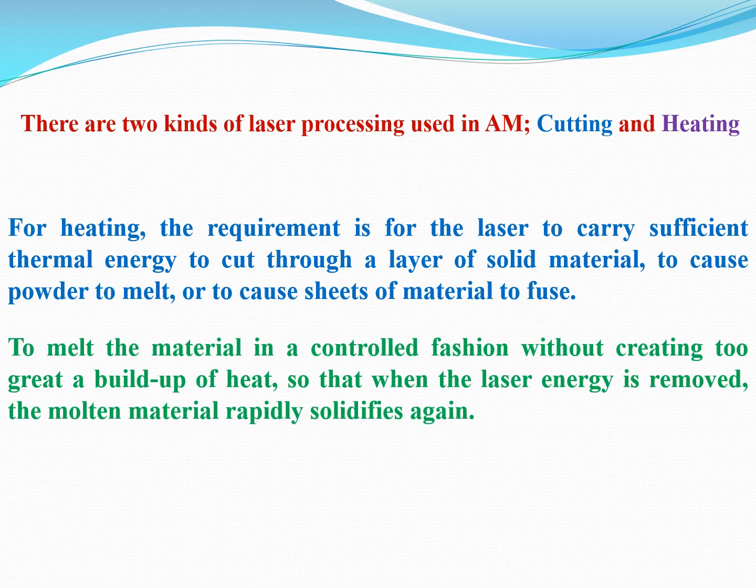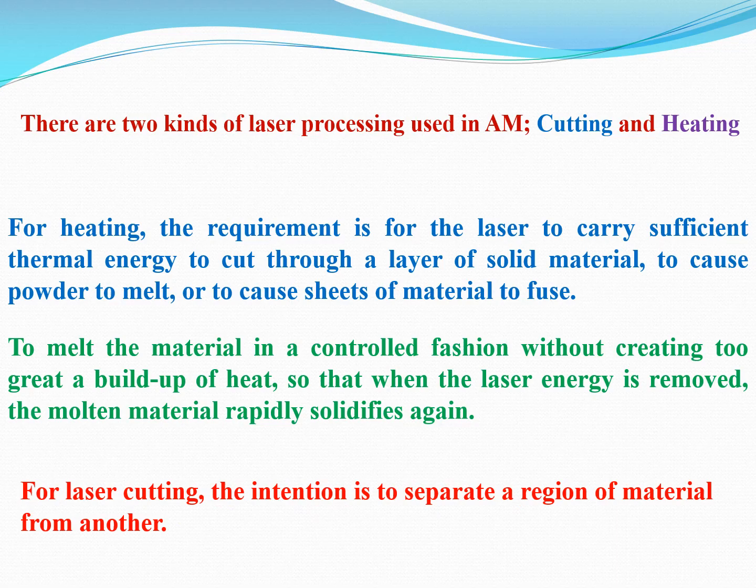Secondly, the material is melted in a controlled fusion without creating too great a build up of heat, so that when the laser energy is removed, the molten material rapidly solidifies again. So in this case, not too much heat is built up or generated.